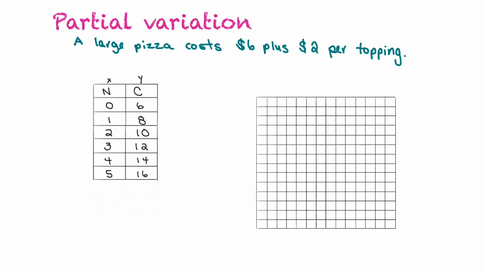So our dependent variable is cost, so that'll be on the y-axis. So cost in dollars will go there. And then on the x-axis will be our number of toppings. So I'm going to go every 2 dashes will be 1, like so.